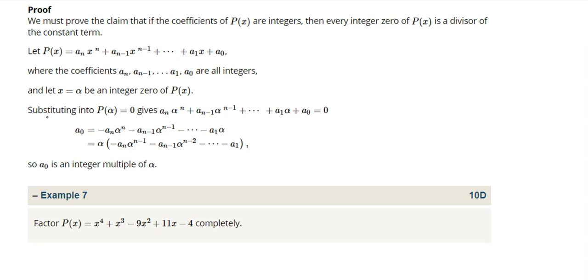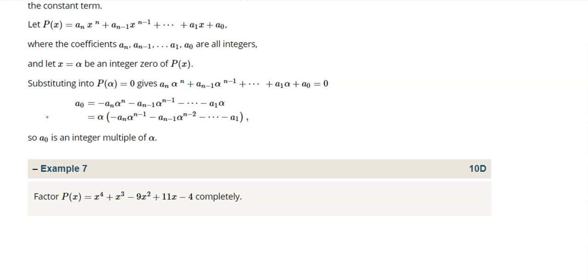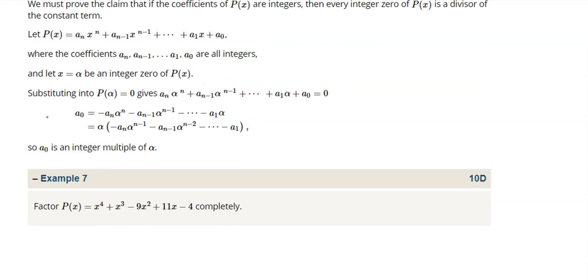If we let x equal alpha and be an integer 0 of that, so we're assuming that x minus alpha divides this whole thing, meaning there's not going to be a remainder. Then if we sub in that value, p of alpha equals 0.